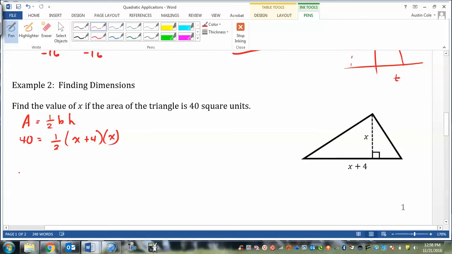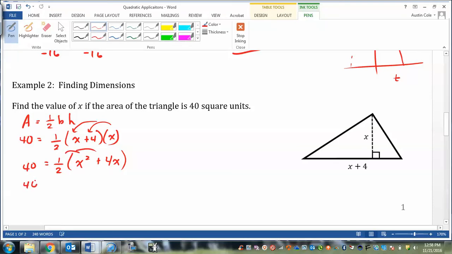Now, we've done problems similar to this where we had rectangles and maybe parallelograms, but nothing with a triangle before. So what I'm going to do is I'm going to multiply all 3 of these together. I'm going to start by distributing this x. So I'm going to have 40 equals 1/2 x squared plus 4x, and then I need to distribute this 1/2.